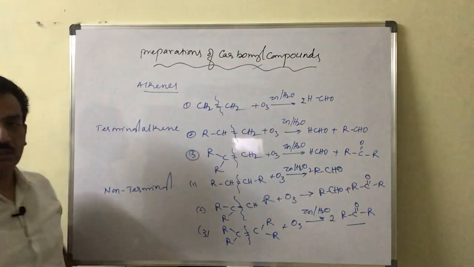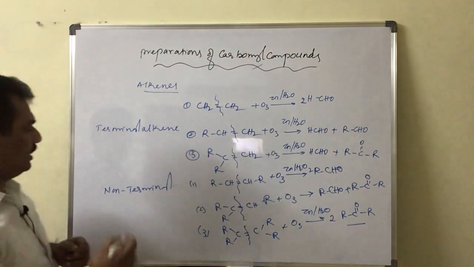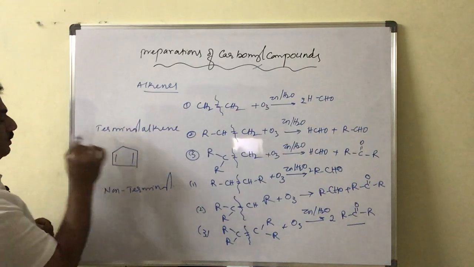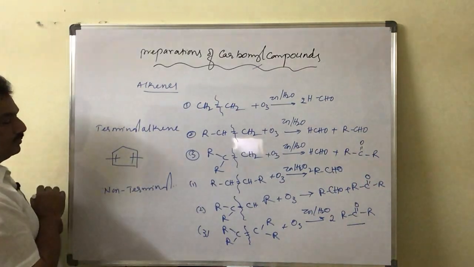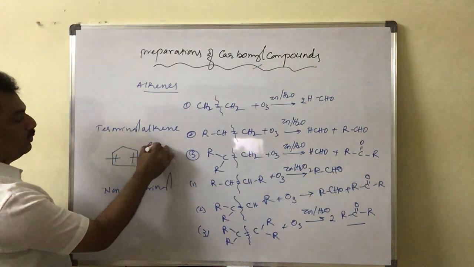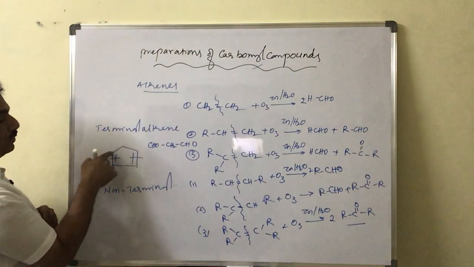This is the process. You can simply imagine the product, whatever they are giving. For example, if it is given to you, then just break the double bond here, and what we can expect is one product CHO-CH2-CHO, because 1, 2, 3 carbons are present.